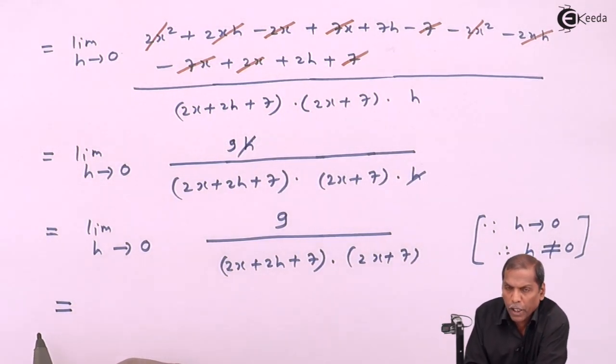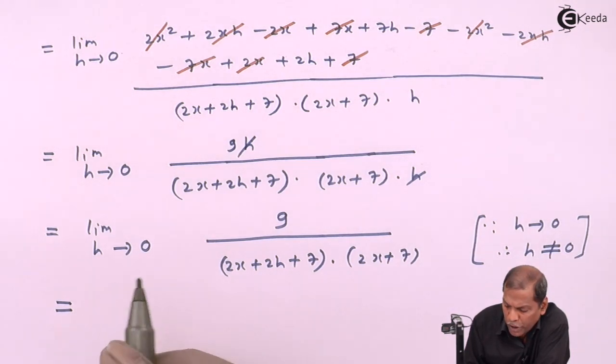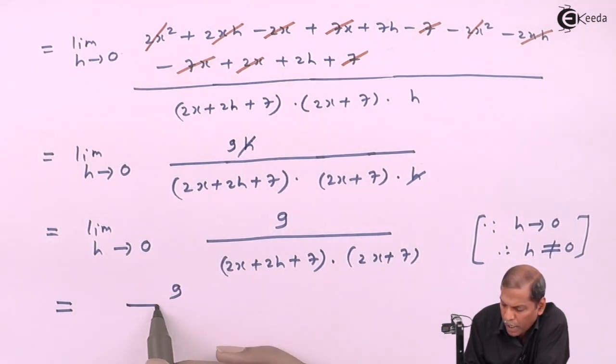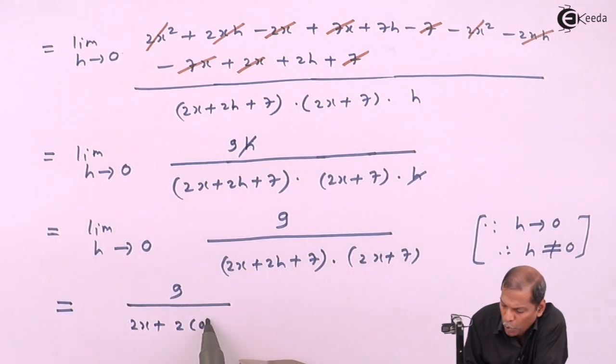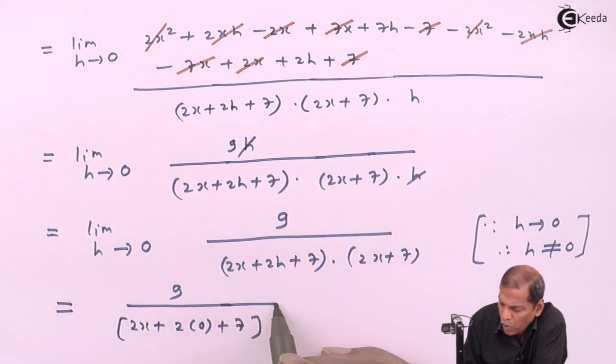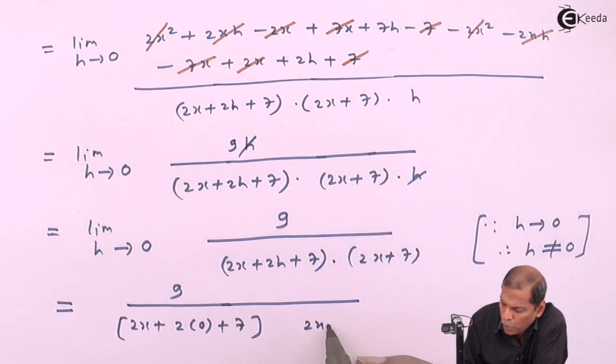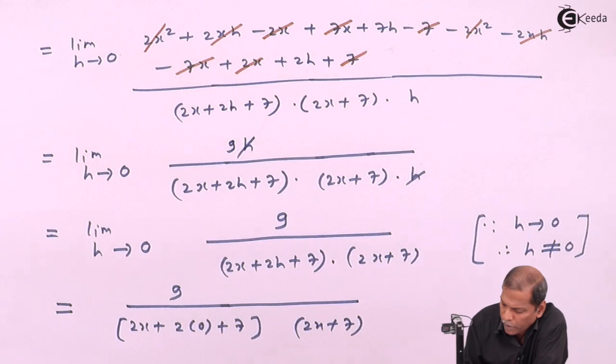Now substituting the limit as h tends to 0, we have 9 upon (2x + 2 into 0 + 7)(2x + 7).